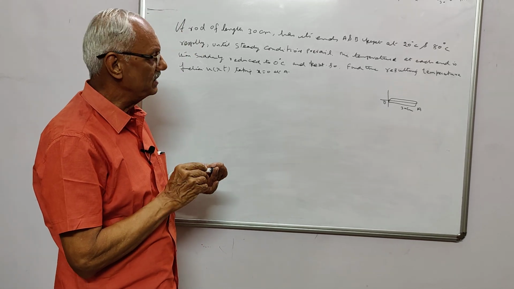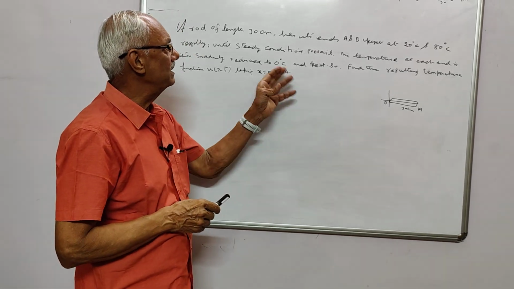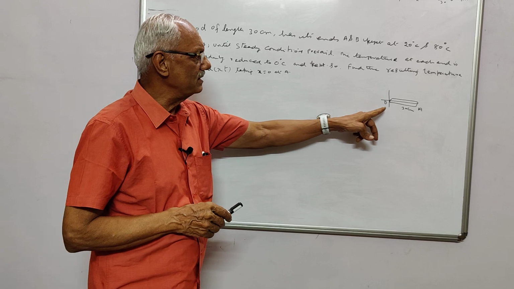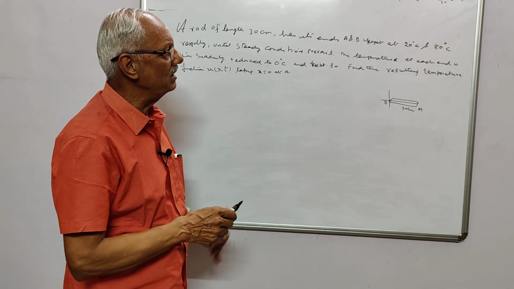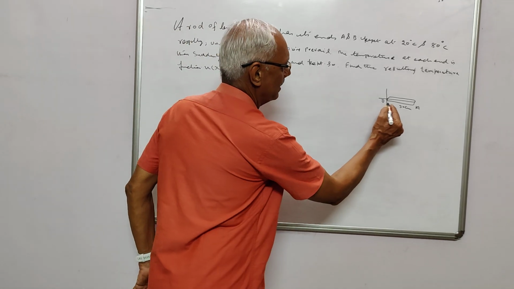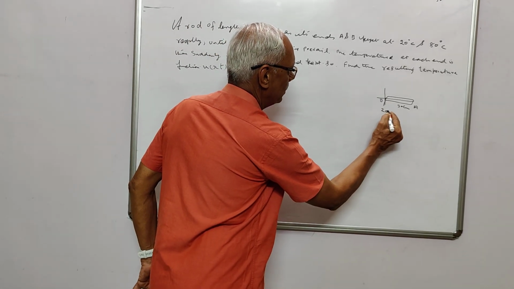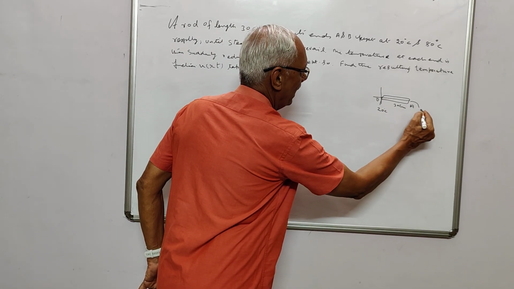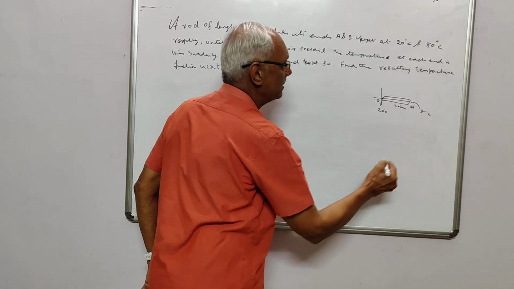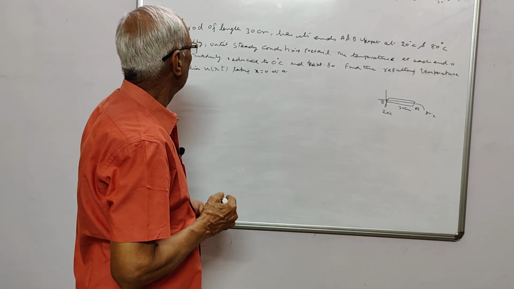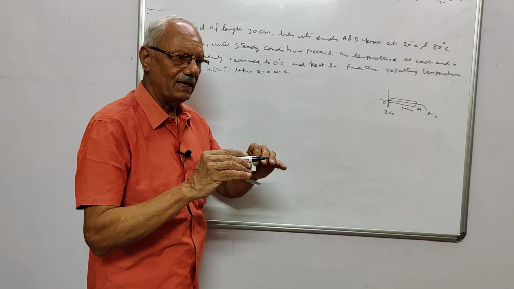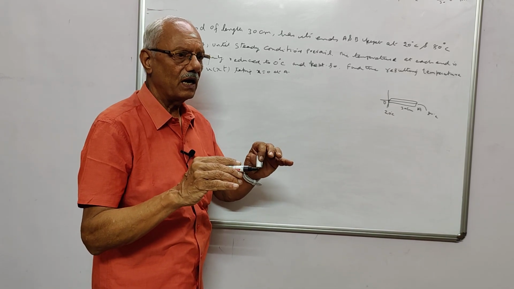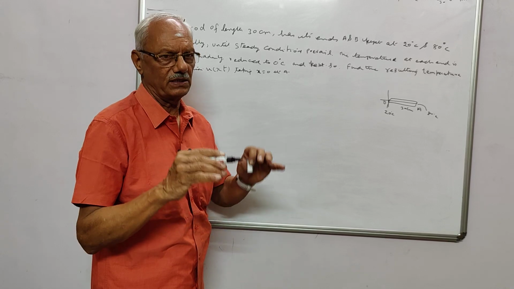The rod is of length 30 centimeters, and its two ends are kept at 20 degrees centigrade and 80 degrees centigrade. Here it is 20 degrees centigrade and here it is 80 degrees centigrade. Now it is left as such and allowed to attain a steady state.